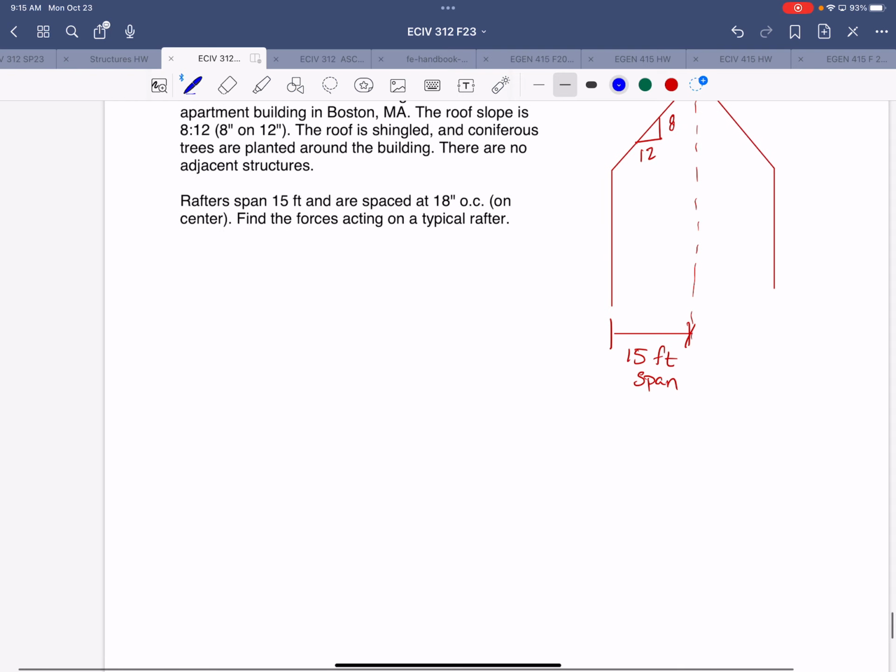So first we're going to start with the flat roof snow load equation. So we have our Pf is 0.7 times Ce, the exposure factor, Ct, the thermal factor, Is, the importance factor for snow, and Pg, which is the ground snow load.